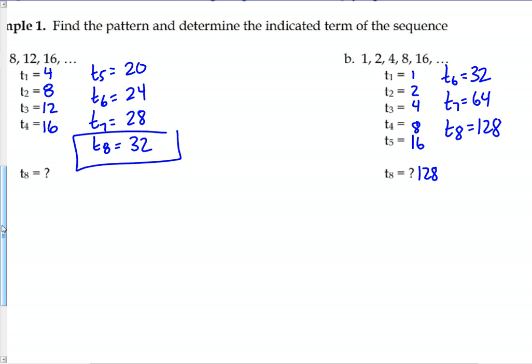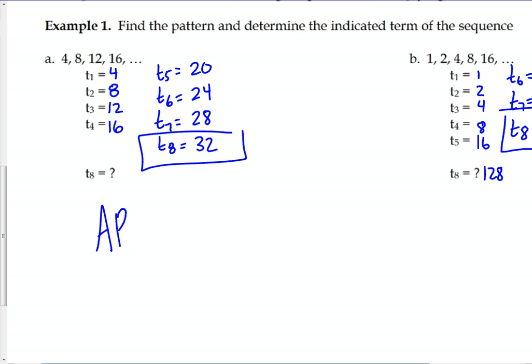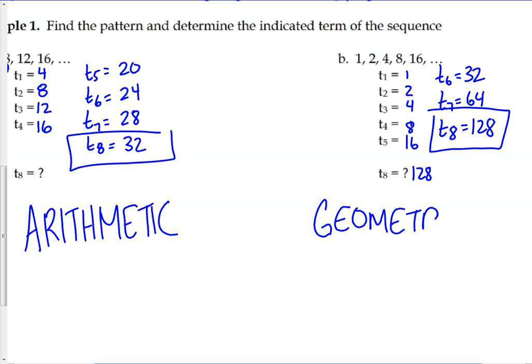Okay, so the first sequence, is it arithmetic or geometric? The first one. Arithmetic. Okay, so arithmetic because, why is it arithmetic? We're adding 4 each time. The second one is geometric. Don't turn the page just yet.